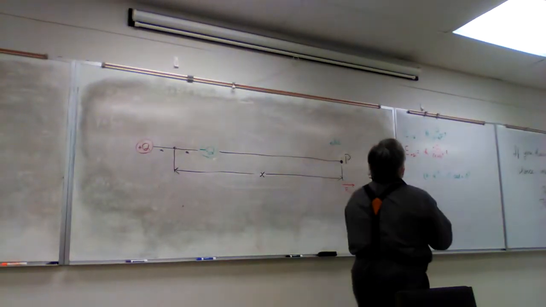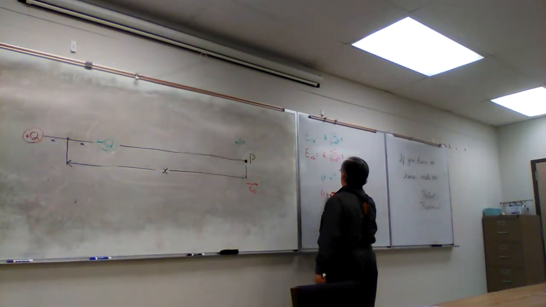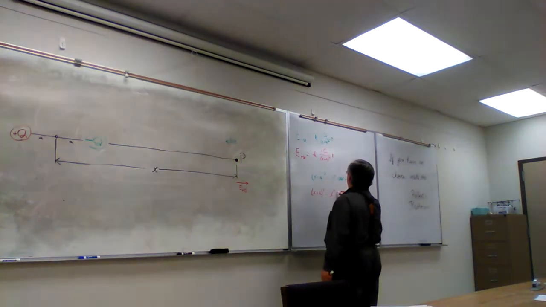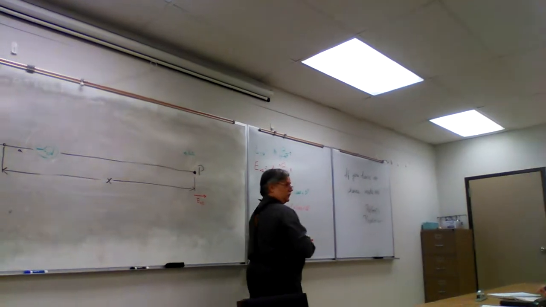Now, we square this one out, we get x squared plus 2ax plus a squared. Okay?